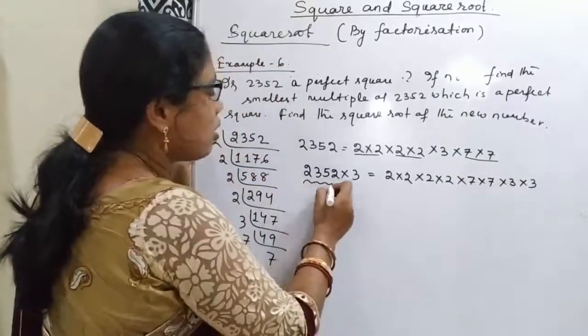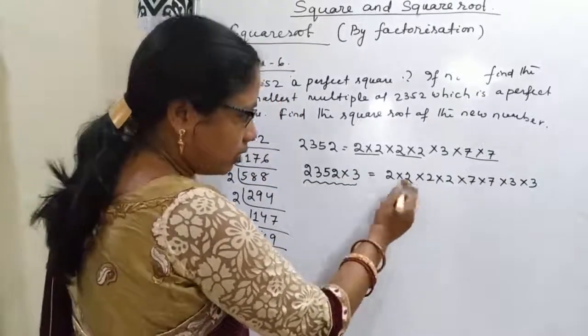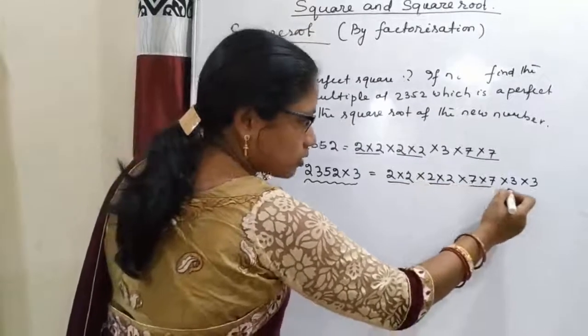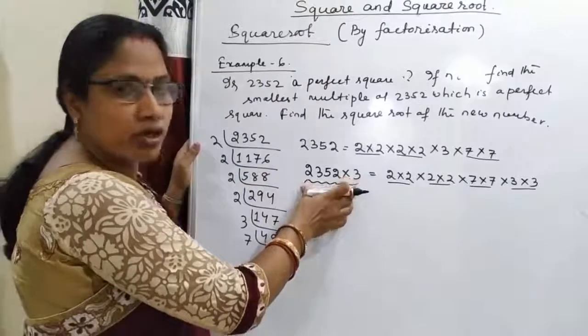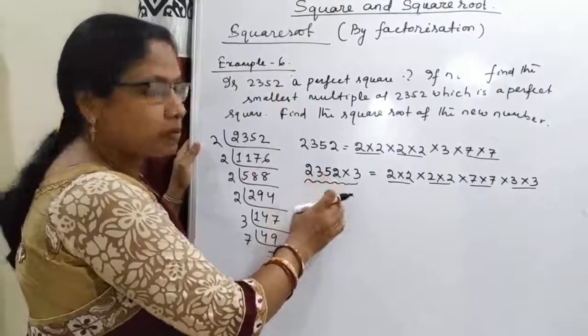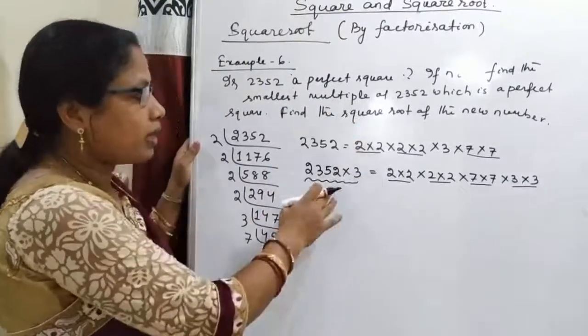So this is the multiple. Here we can pair, so we can find the square root. So this is the smallest multiple of 2352 which can be a perfect square.